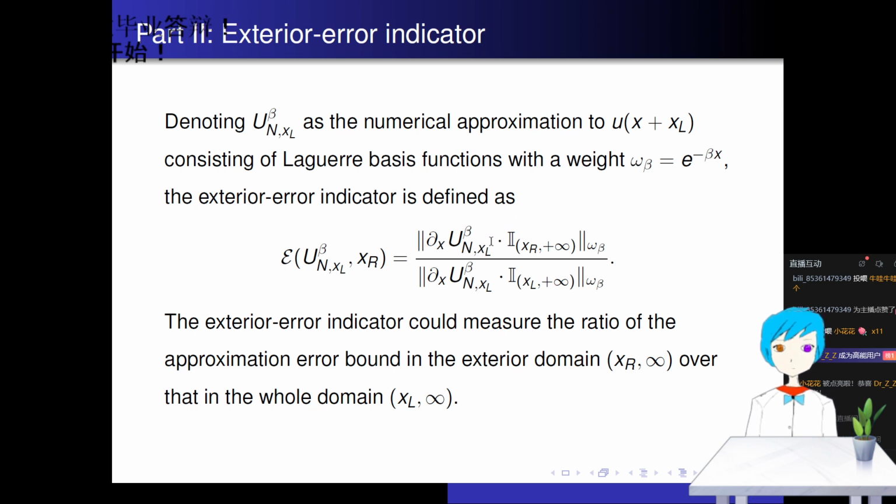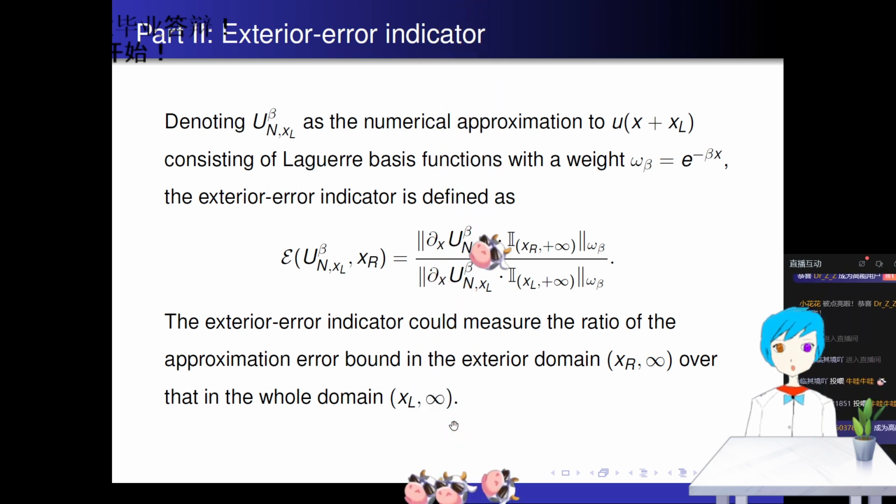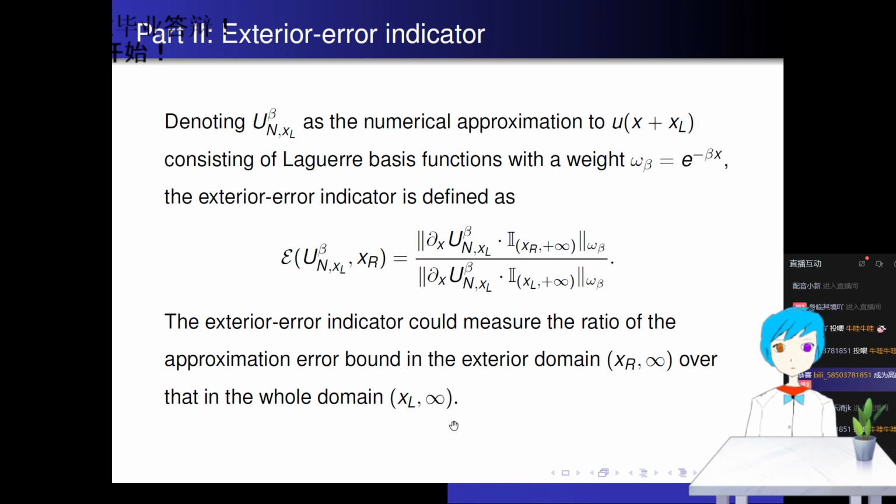For the semi-unbounded domain problem with generalized Lagrange functions, this exterior error indicator measures the approximation error bound in the exterior domain, x_r to infinity, over the error bound in the whole domain. If this indicator increases, then we know that the approximation at infinity is deteriorating. Therefore, we may need to move the Lagrange functions rightwards to make the approximation at infinity better.